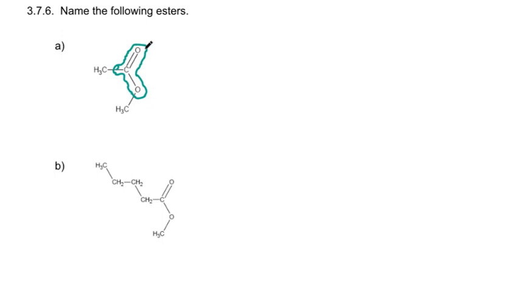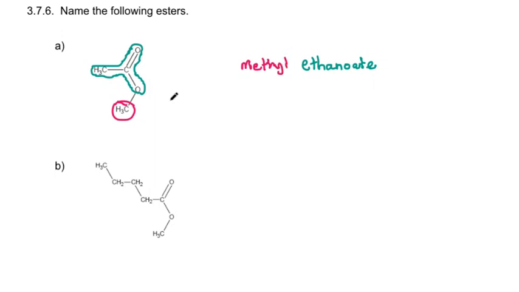So, if you do this one their way, like the workbook suggests, you will find the piece that contains the carboxylate group, this chunk, and you'll say, this has 2 carbons. 2 carbons is ethane, so in this case, it's ethanoate. Then you'll locate the other carbon chain, which is a single carbon, methane, only in this case it's a methyl group, and you'll write the name as methyl ethanoate.